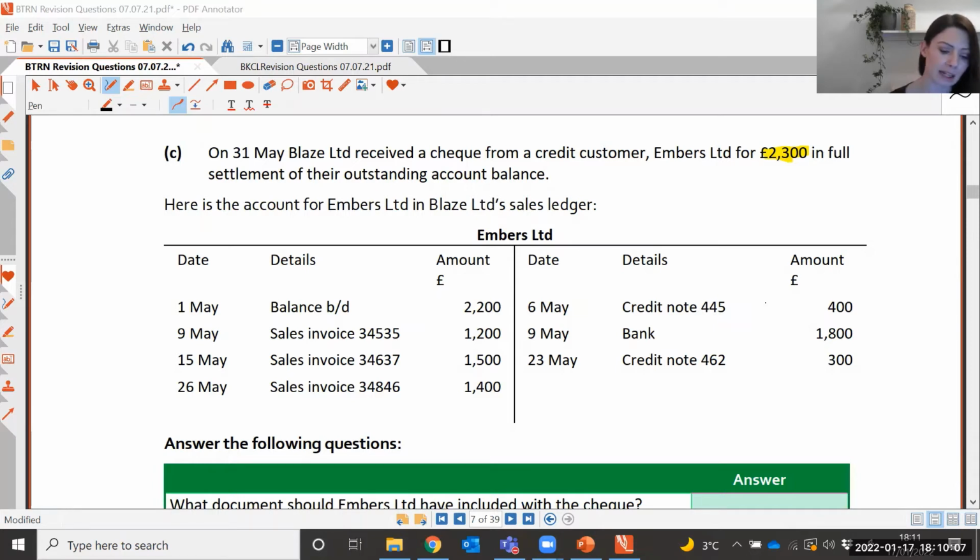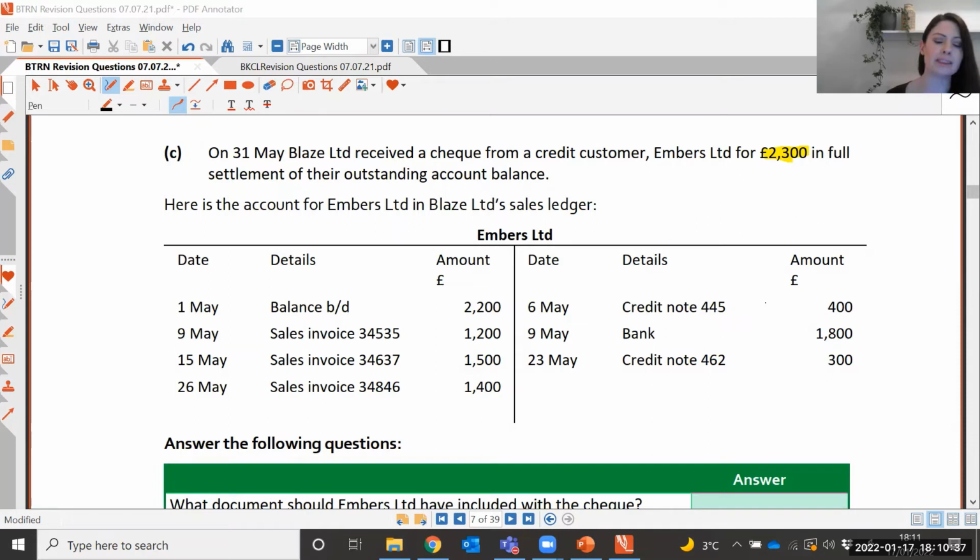How would we find out the amount that Embers Limited owes us? Yeah, I get 3,800 as well.